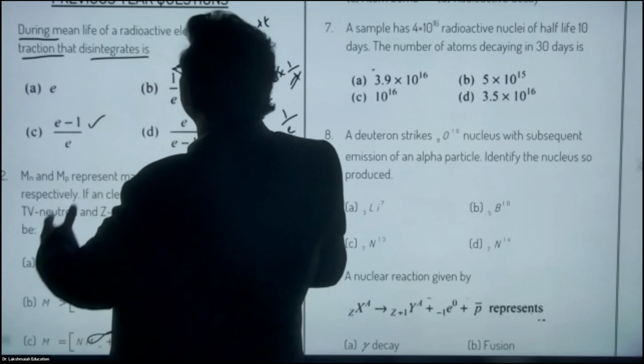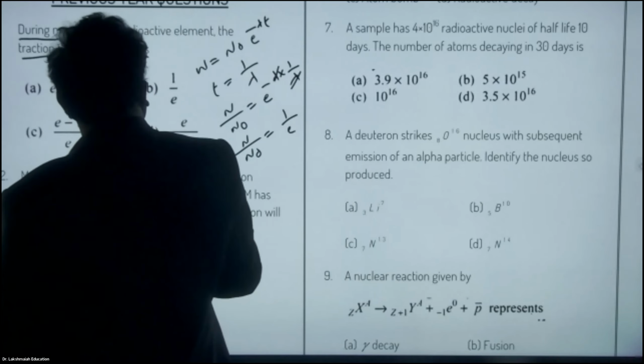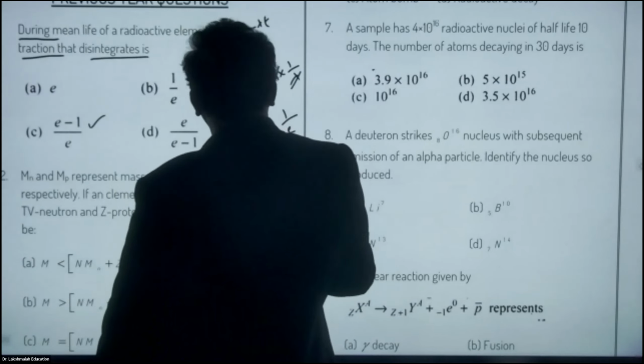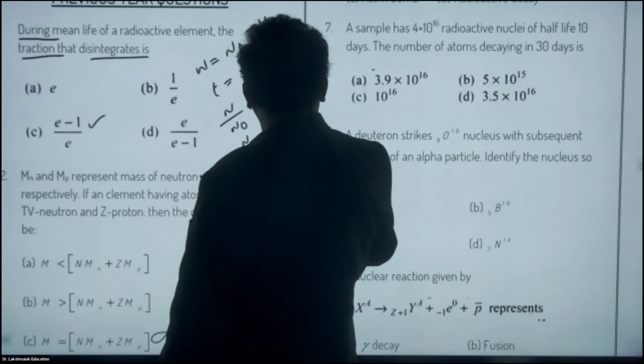But what is the change in disintegration? That is what they are asking. So disintegration fraction means change by original. Change divided by original means 1 minus N by N naught, that is equal to 1 minus 1 by e.